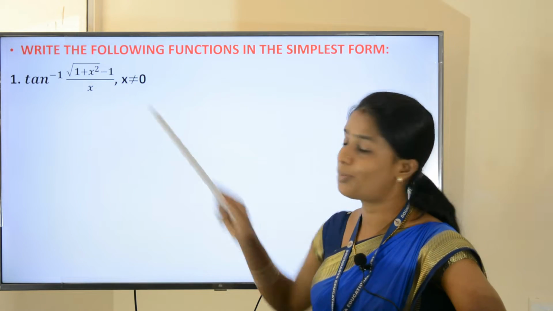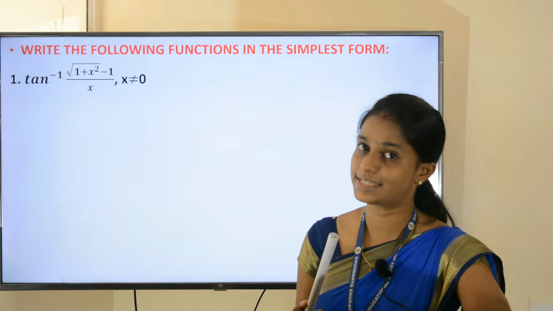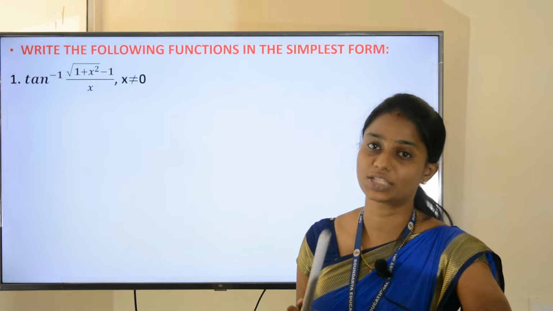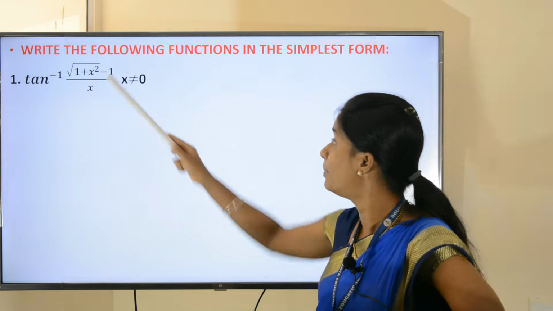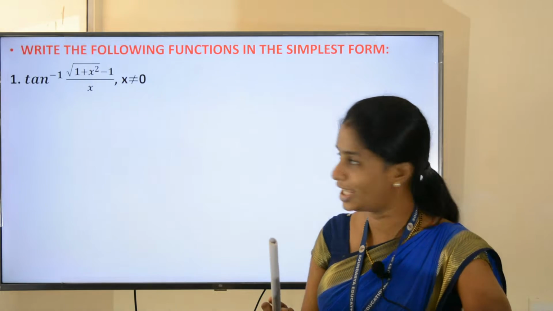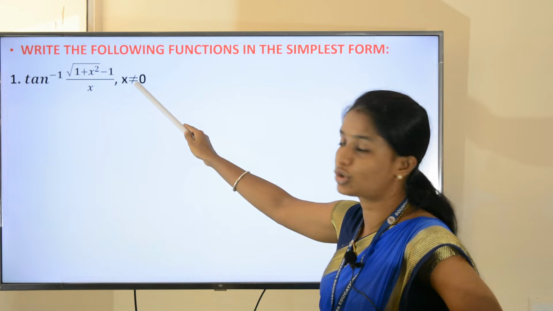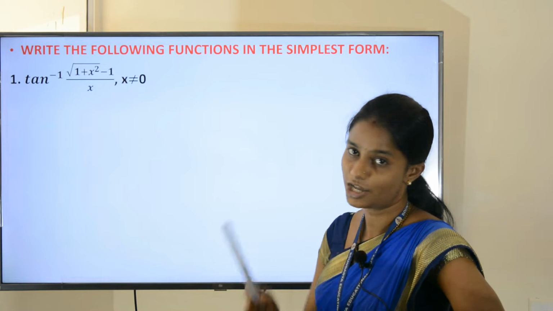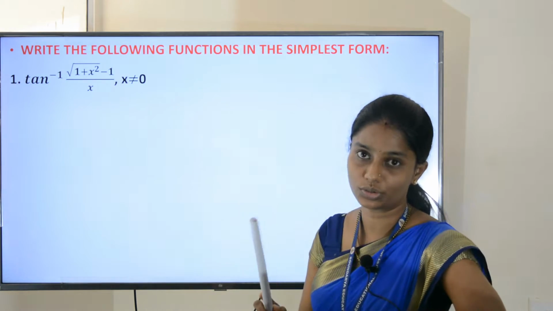Usually the domain of a tan inverse function is the set of all real numbers. X will take all the real numbers, but in numerator by denominator, obviously the denominator should not be equal to 0. Therefore, excluding 0, all the real numbers will satisfy this function. So x not equal to 0.